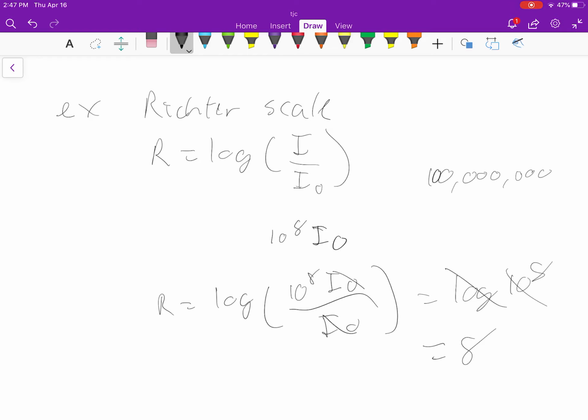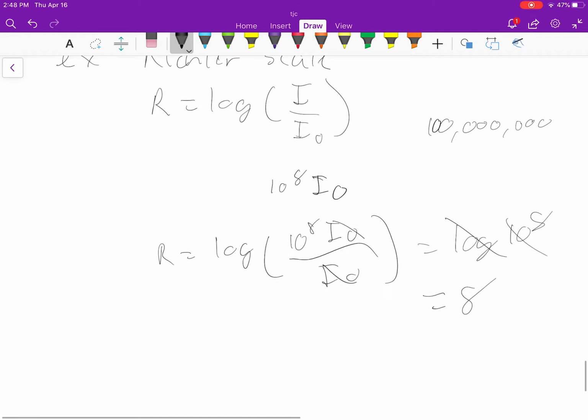When you say you have an earthquake that's a magnitude 8, you really mean it's 100 million times more intense than that base earthquake that can barely be felt. So when we say 9 on the Richter scale, we mean it's a billion times more intense than the base earthquake. So Richter scales go up in factors of 10.